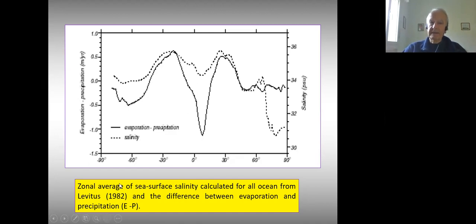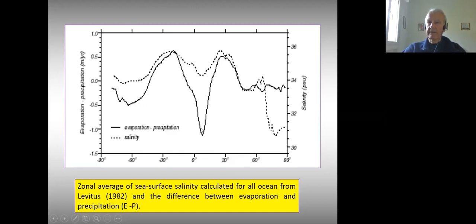And here is an interesting graph which shows how the evaporation minus precipitation determines the salinity over the world ocean. Minus 90 is the southern pole, and plus 90 is the northern pole, the continuous line is the evaporation minus precipitation, and the dashed line is salinity. What you can see is that these two curves follow each other very well.